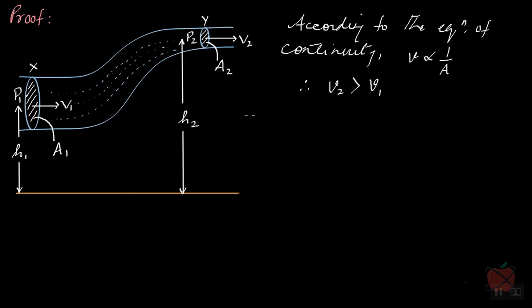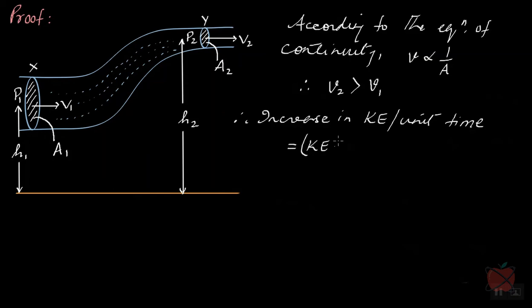Is this clear here? So therefore the increase in kinetic energy per unit time will be the kinetic energy where it is high. That means the kinetic energy at point Y minus the kinetic energy at point X. Okay, and what is the kinetic energy at point Y?